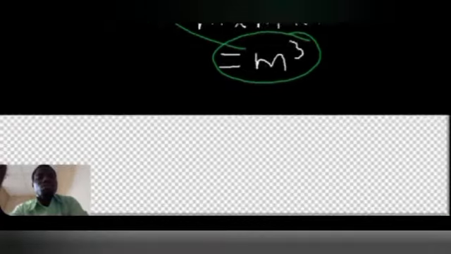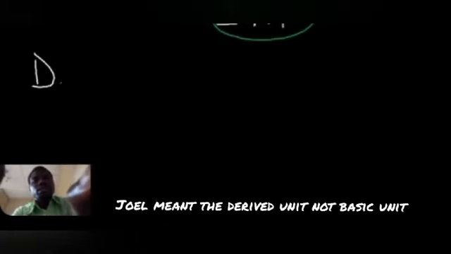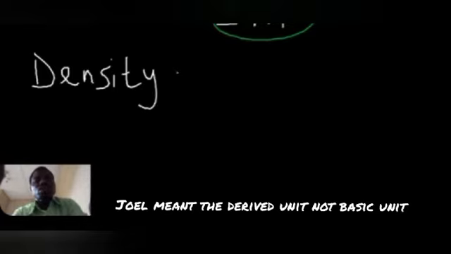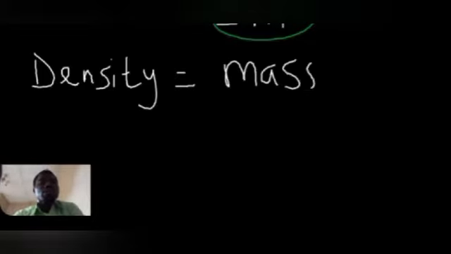Okay, so we want to look at density. It's another derived quantity. And how do we do this? Density is given by mass divided by volume.